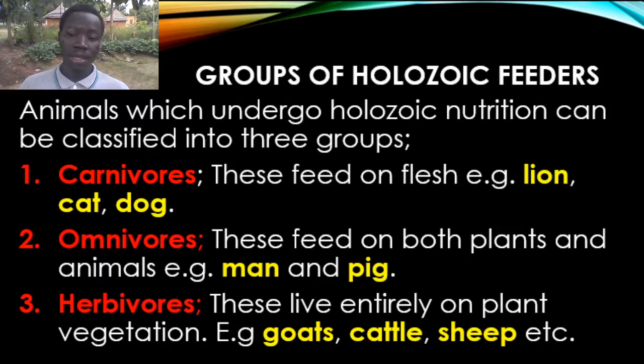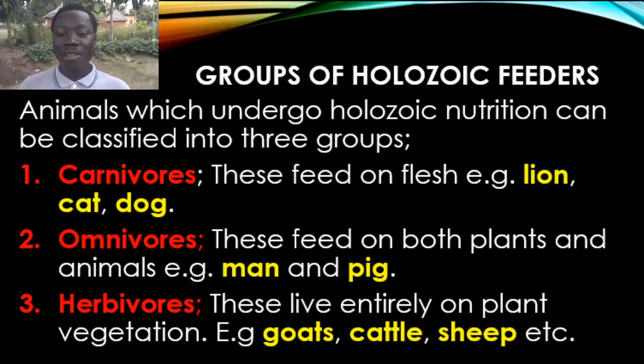Take the goats, the cattle, the sheep, they don't eat meat. They feed only and only on plants. Carnivores, only flesh, meat. Take the cat, the dog, the lion, only flesh, only flesh.